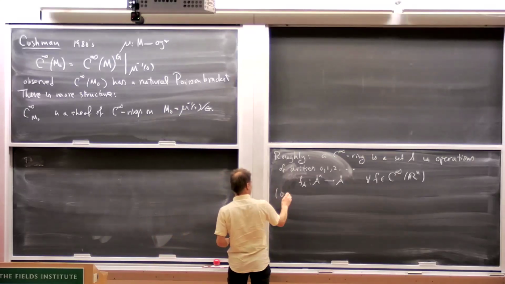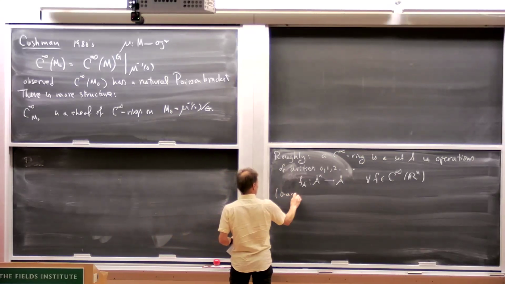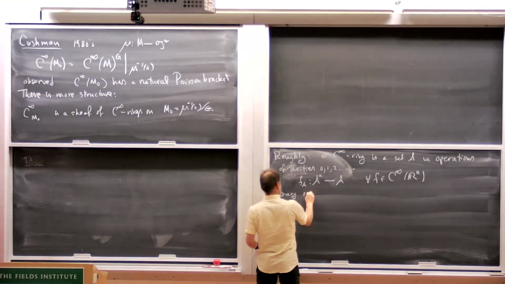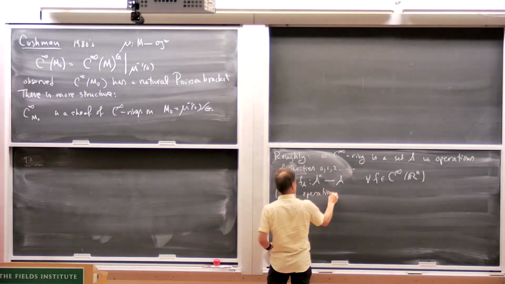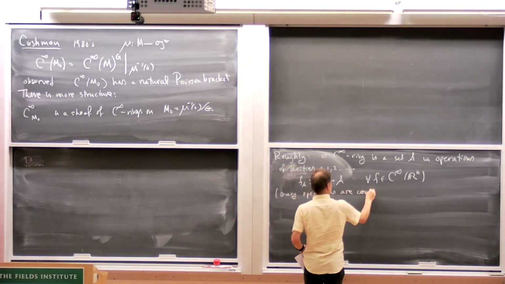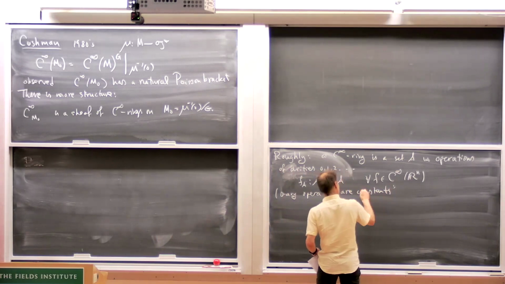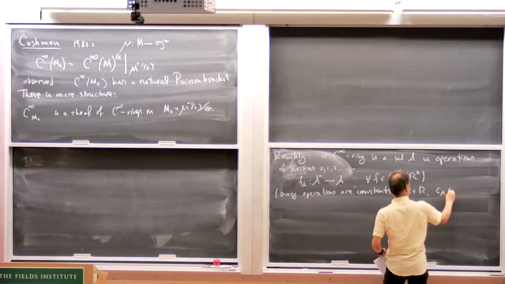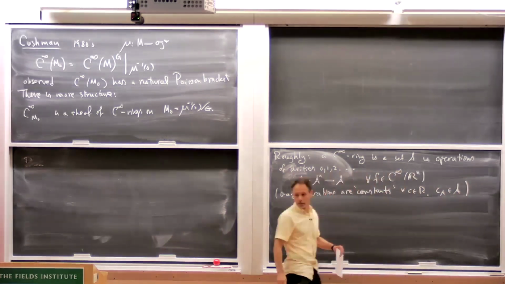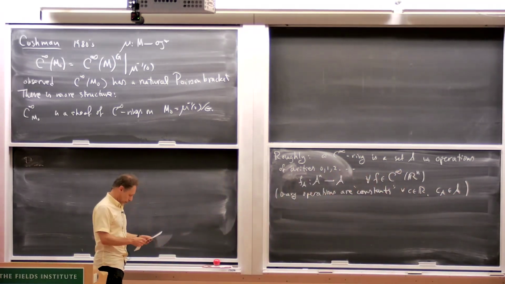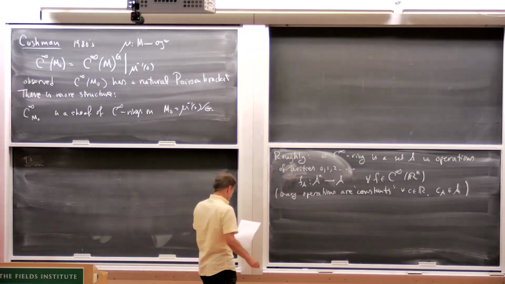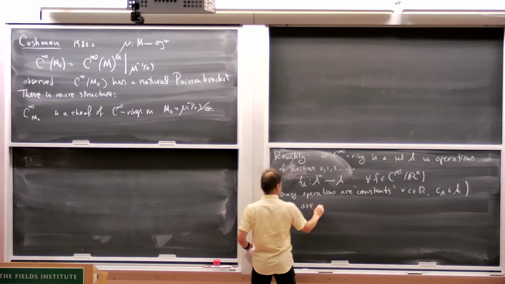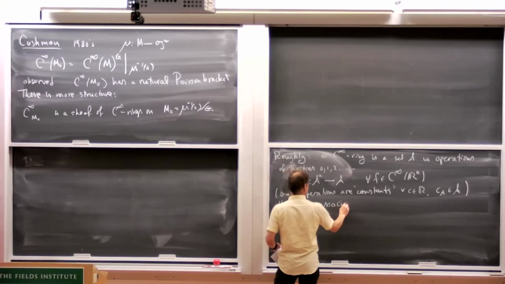And so zero-arity operations are constants. So for every real number, you get an element of your C infinity ring, if you're thinking of them this way. And there are associativity conditions.